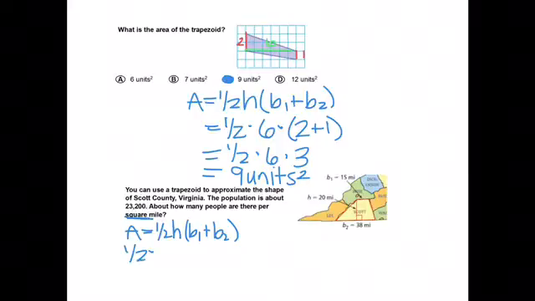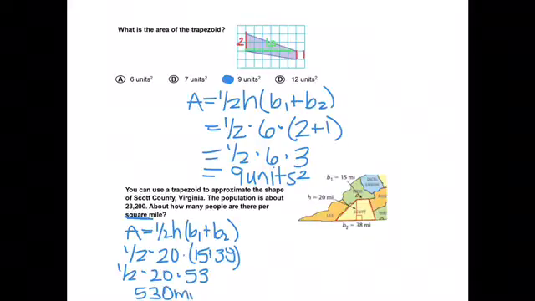1/2 times, my height is 20. My two bases are 15 and 38. So half of 20 times 53 gives me 530 square miles.